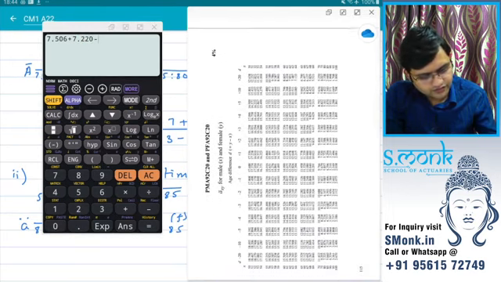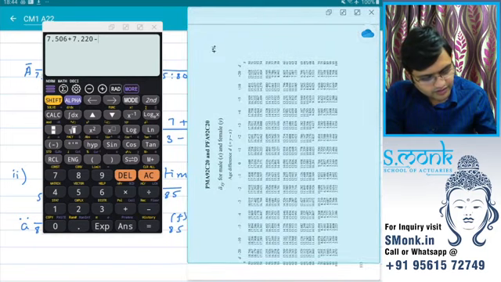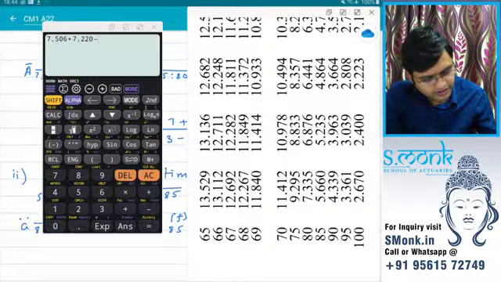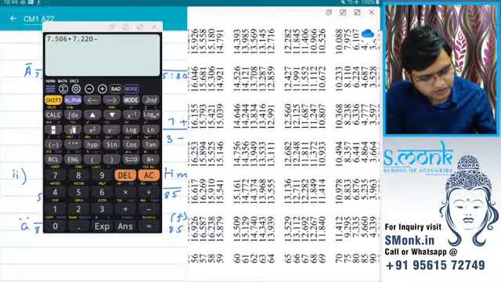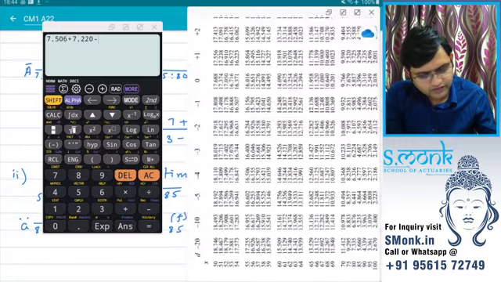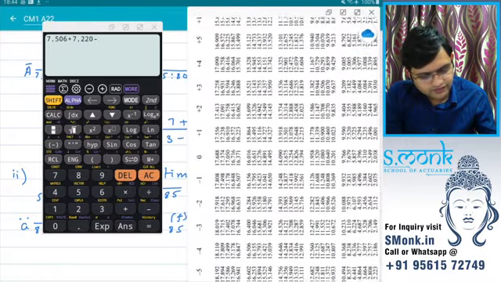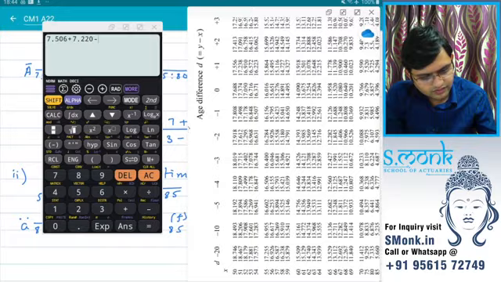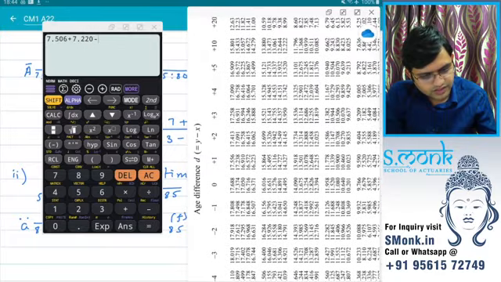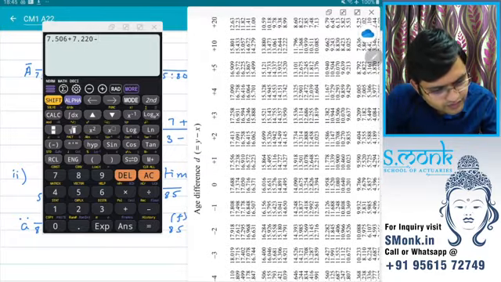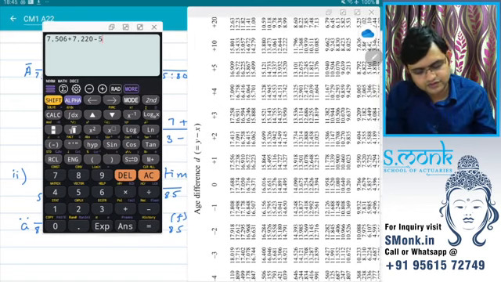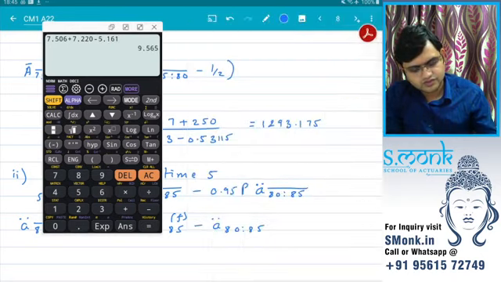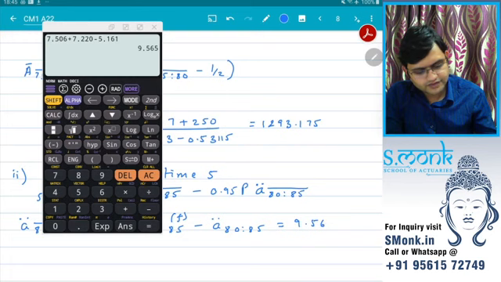For joint life we are looking for plus 5, with male being age 80, and this is the third value, so plus 5 gives 5.161. So we have 9.565.